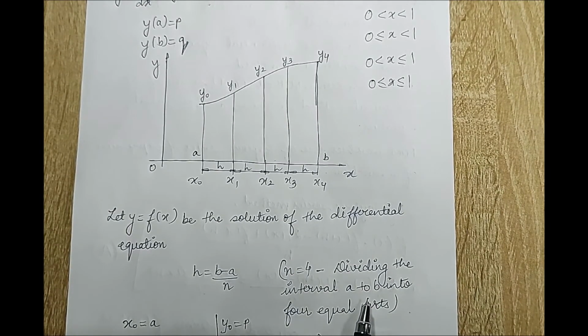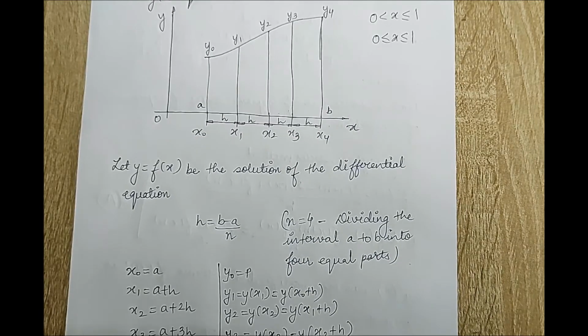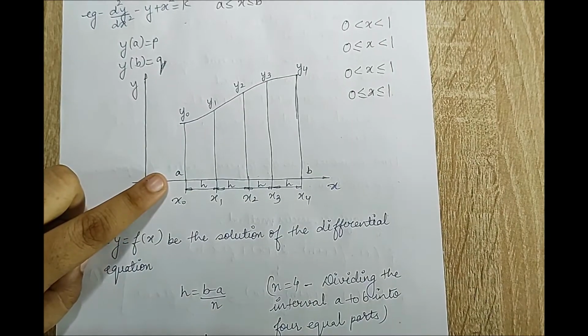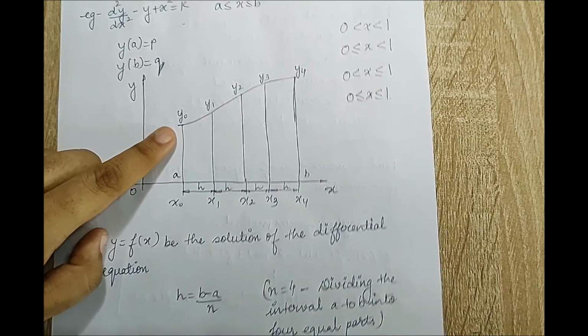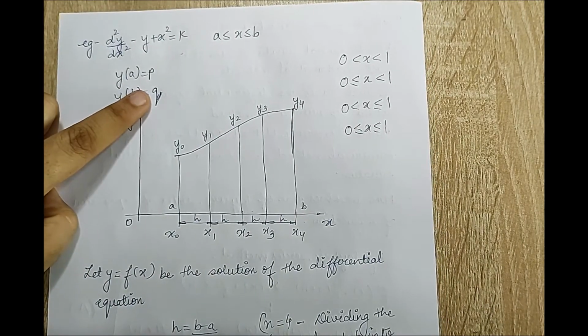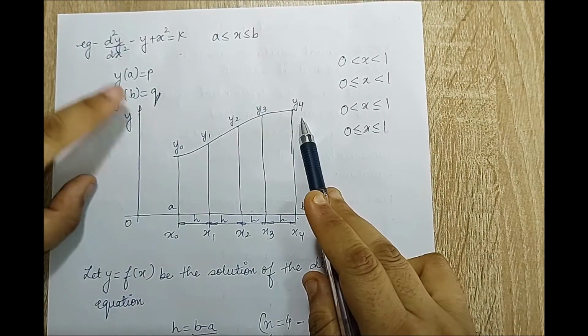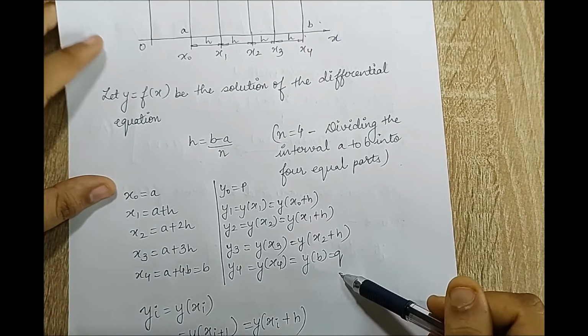You can divide into n number, that's your choice, but I have divided into 4. So this is b minus a upon n, that is 4. Here you can observe from the diagram, x0 is a. So y0 at this point from the given equation is p. Similarly at x4 the value is b and y4 will be q. So that's what I have written over here.